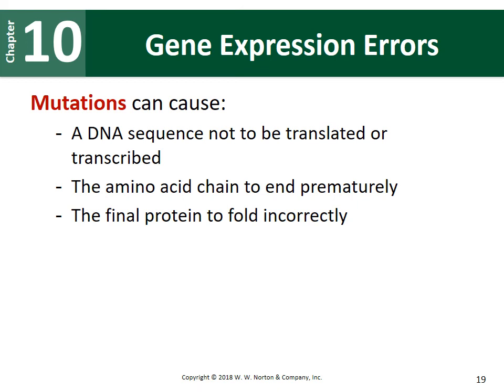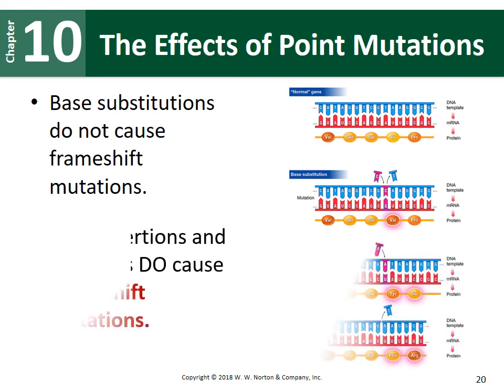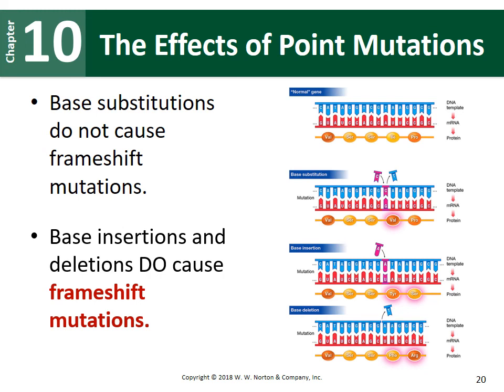So an example of this, we can have base substitutions in our DNA sequence. This will not cause something called a frame shift mutation. Mutations where we have a base that is inserted or deleted do cause a frame shift mutation where the codons are shifted either to the left or the right one base pair.